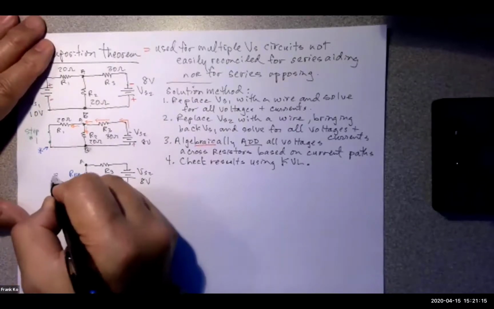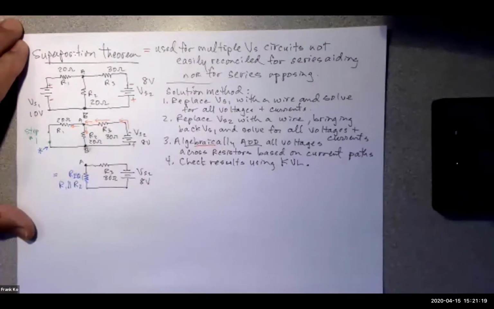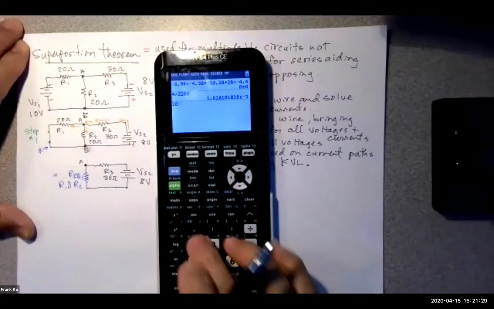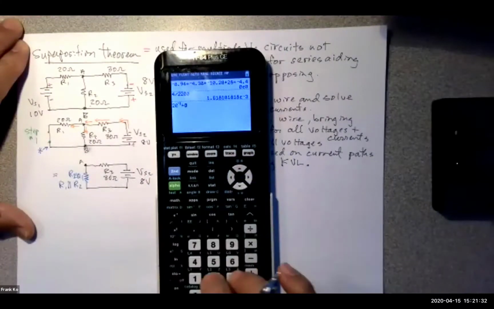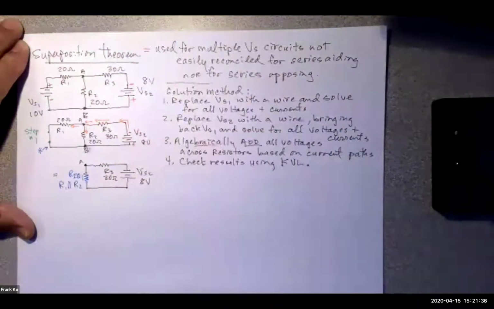What is my total? Am I going to use the reciprocal method? Am I going to use product over sum? What's the fastest way to do this? Reciprocal will always work. So you can take 20 reciprocal and add it to 20 reciprocal, and what do you get?